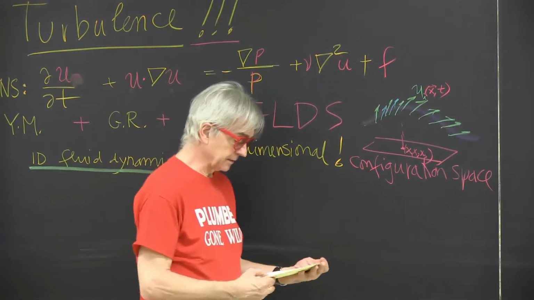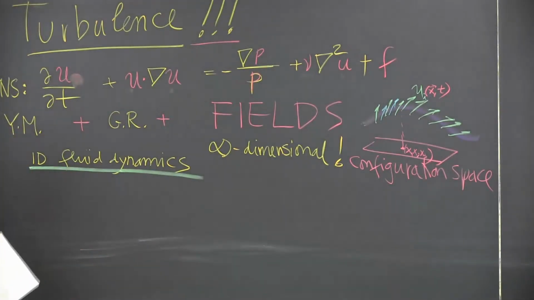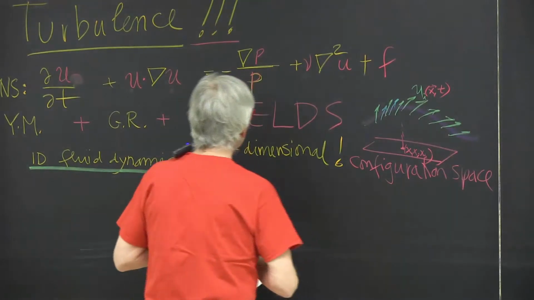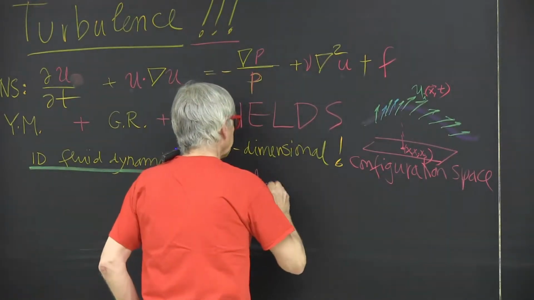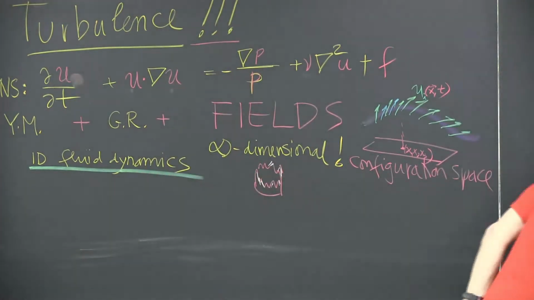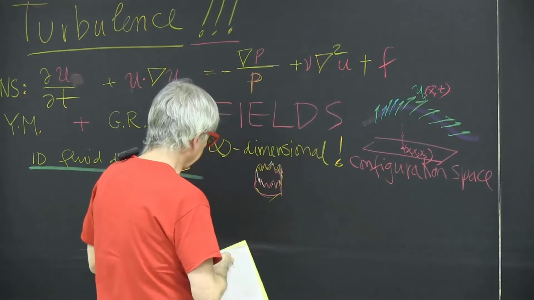In particular, what we'll do is we'll study a ring of fire. It's a perfect ring. In that case, it's called a Bunsen burner.